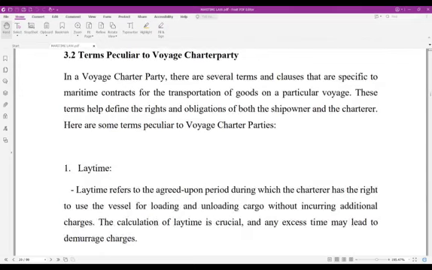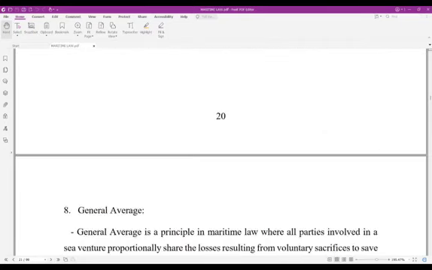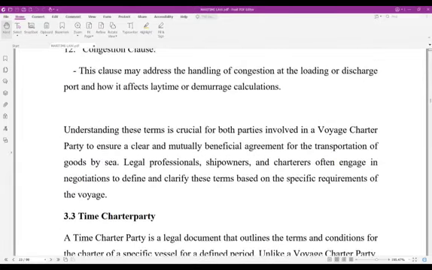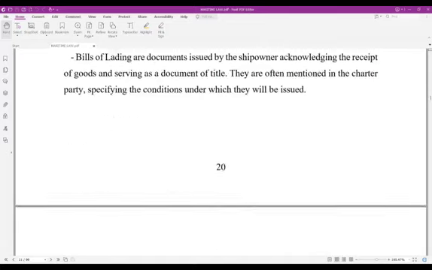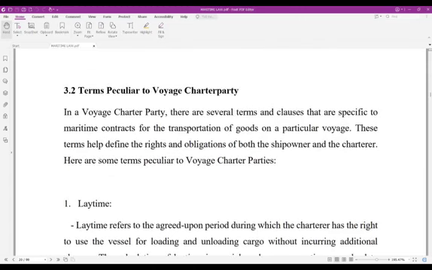Terms peculiar to voyage charter party. Before mentioning them, it is important to understand that in a voyage charter party, there are several terms and clauses that are specific to maritime contracts for the transportation and movement of goods on a particular voyage.